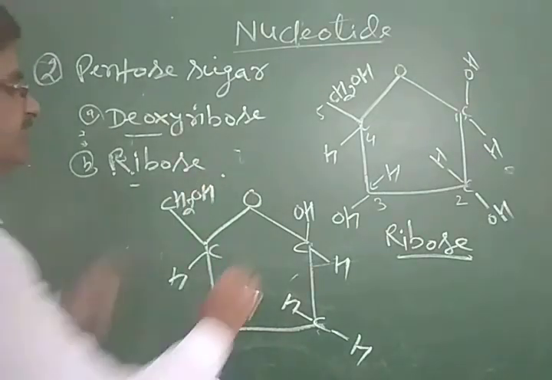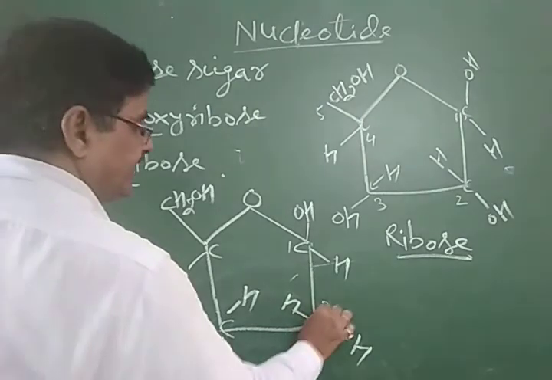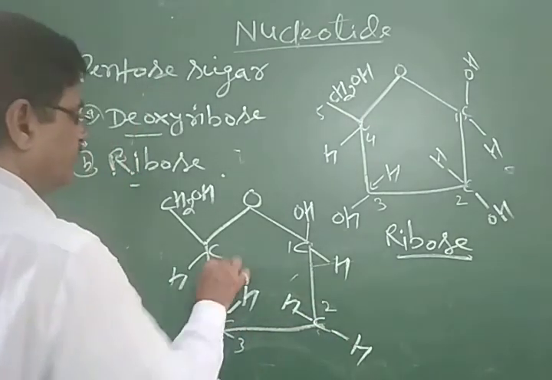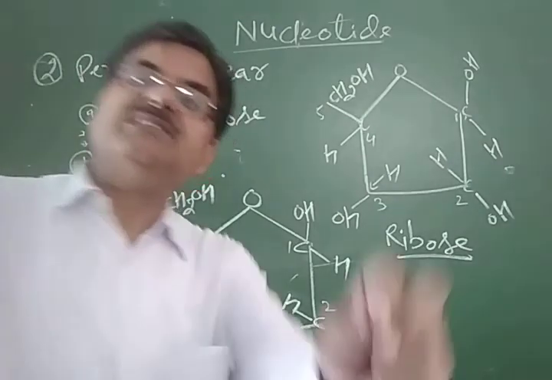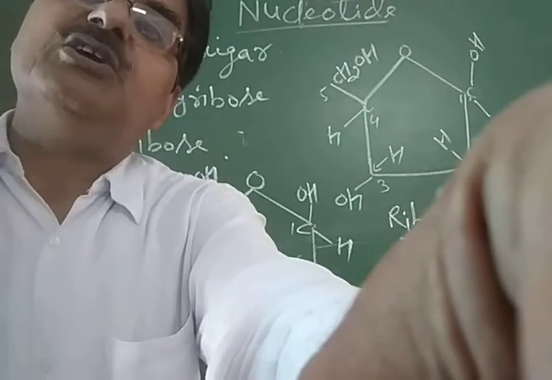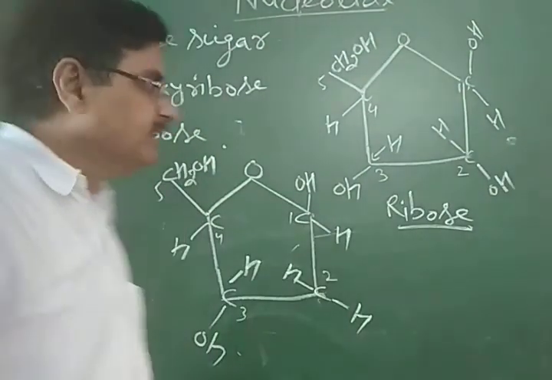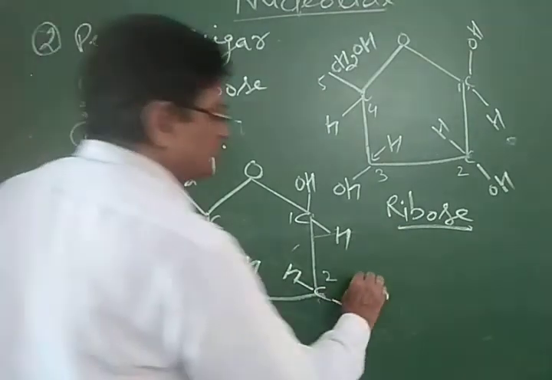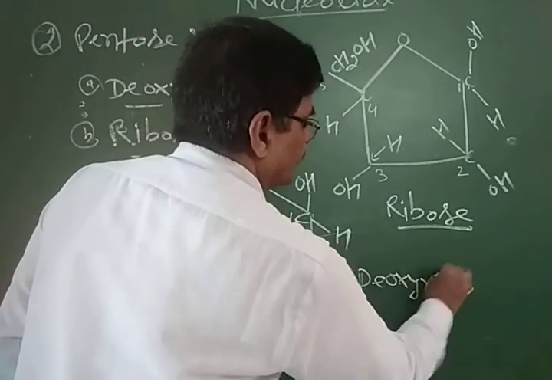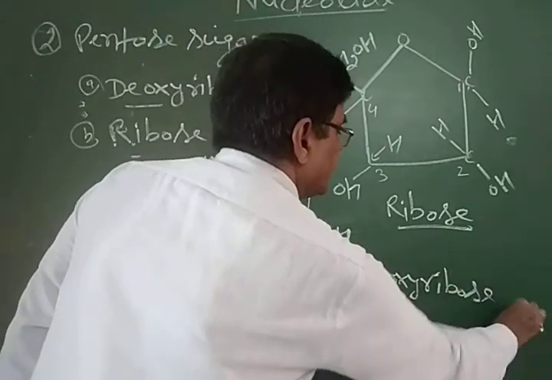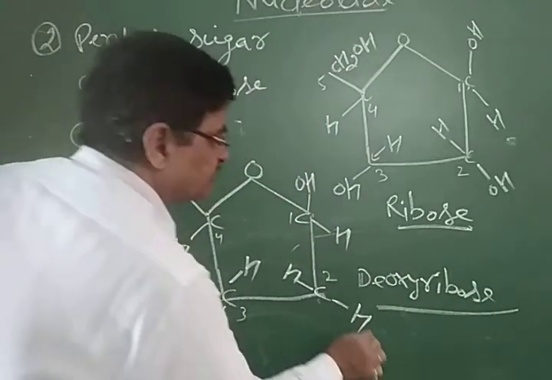So this is the first carbon, second carbon, third carbon, fourth carbon, and the 5th carbon. Now you see the difference between this ribose and deoxyribose. This is ribose sugar and this one is the deoxyribose sugar.